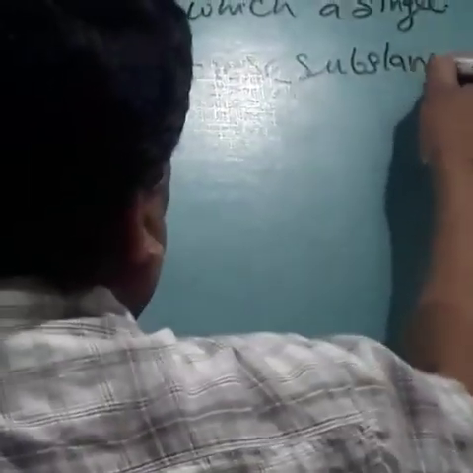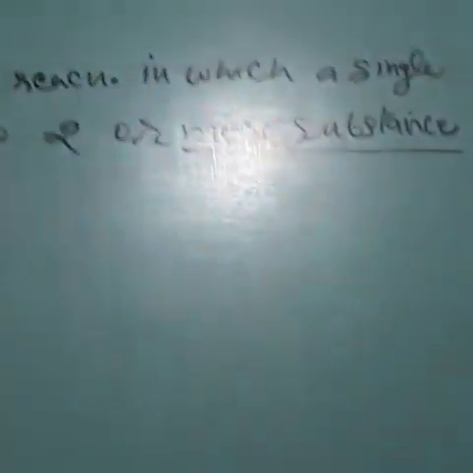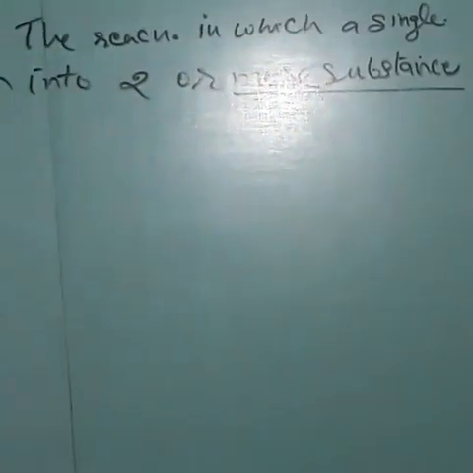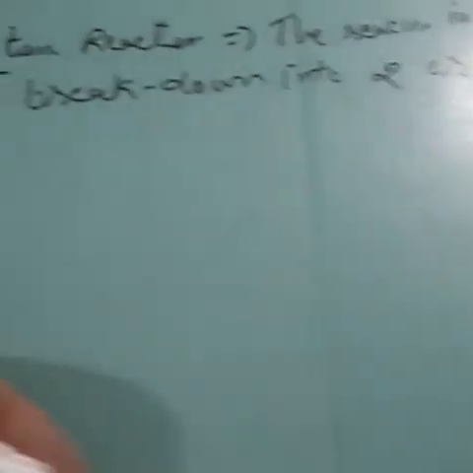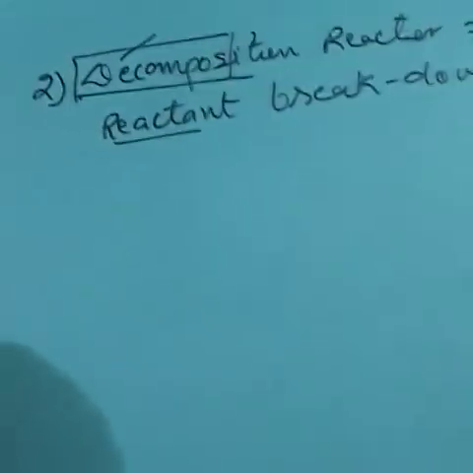Remember, two or more substances. Earlier the opposite form we checked, two or more substances give a single product, but here what? A single reactant breaks down to form two or more substances. This is called decomposition reaction.